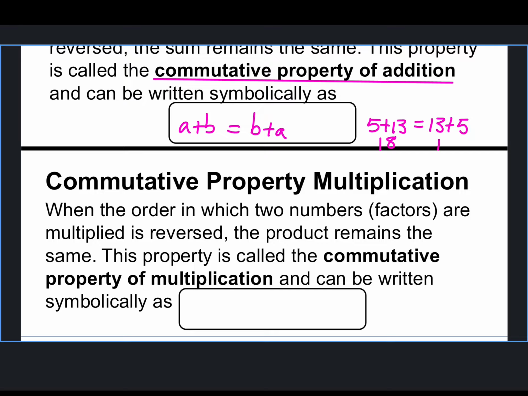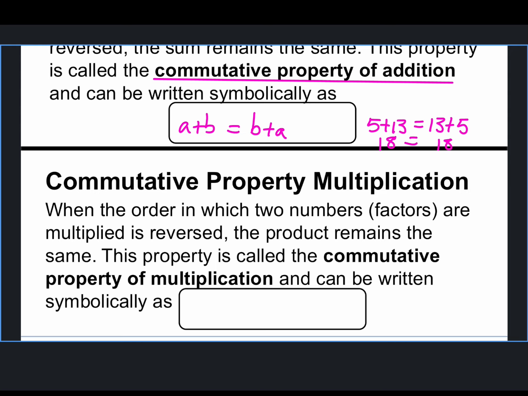They're both equal to 18, right? So, because the result is the same, we know those are equal, right? And so any combination of addition, you can change the order. That's a big deal, okay?